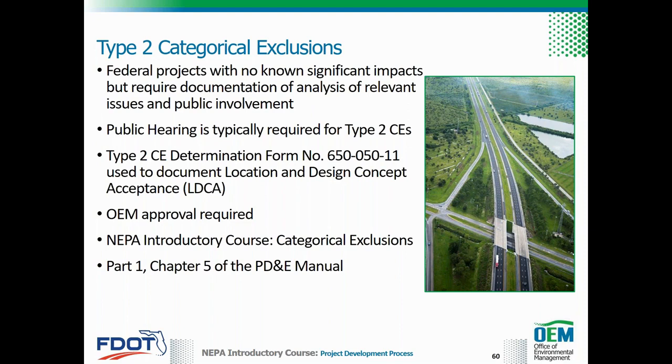A public hearing is typically required for Type 2 CEs. OEM approval is required for these types of projects. The processing and documentation for Type 2 CEs is outlined in Part 1, Chapter 5 of the PD&E Manual. Additional training on Type 2 CEs is available in the computer-based NEPA introductory course, Categorical Exclusions.